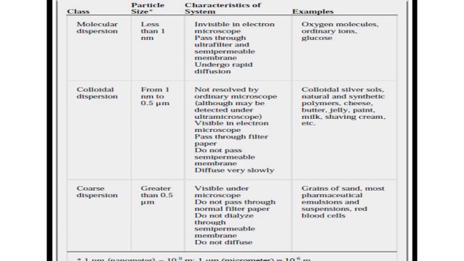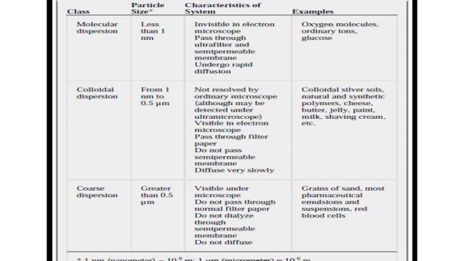The next one is the coarse dispersion. These have a size greater than 0.5 micron. As I already mentioned in the previous discussion, blood cells form a coarse dispersion. These are easily visible under the microscope.